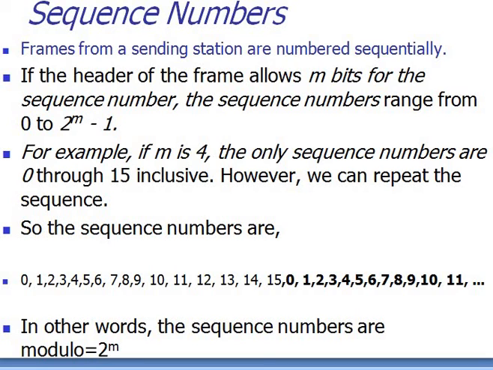However, we can repeat the same sequence, so the sequence numbers are 0 to 15, and then in the next cycle again 0 to 15. In other words, the sequence numbers are modulo 2 raised to m.